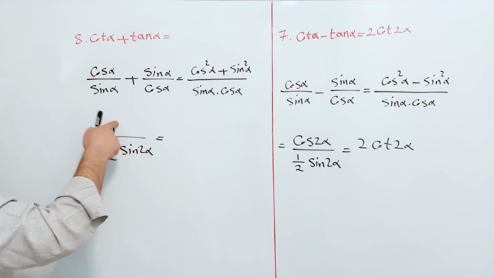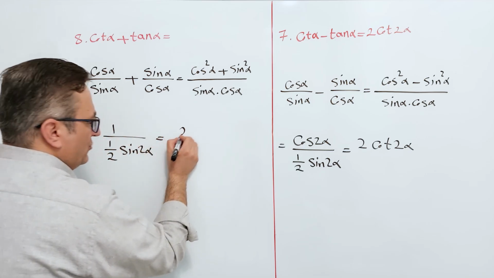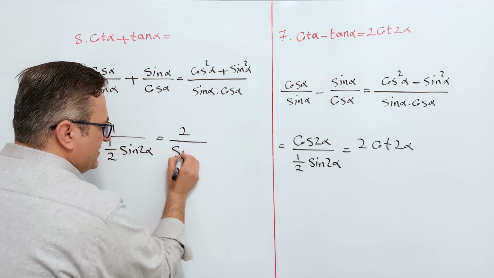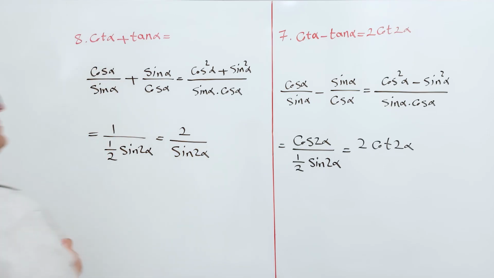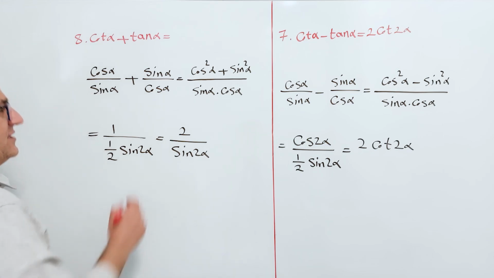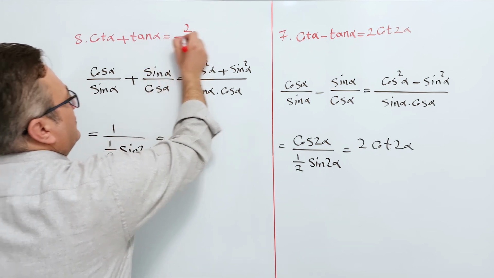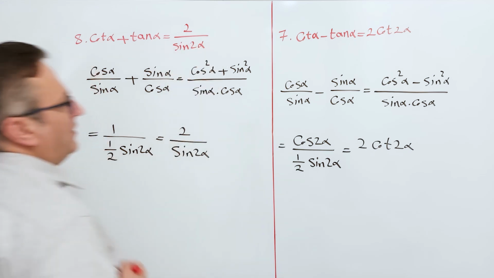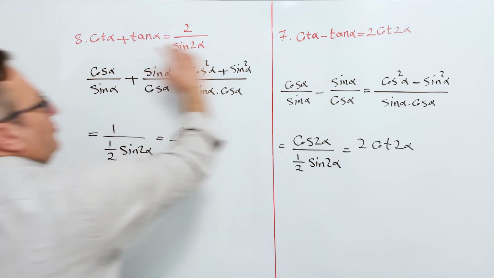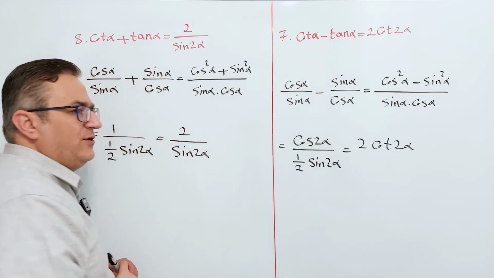So 1 divided by 1/2 is equal to 2 divided by sine 2 alpha. So cotangent alpha plus tangent alpha is equal to 2 divided by sine 2 alpha. And these two formulas are very useful.